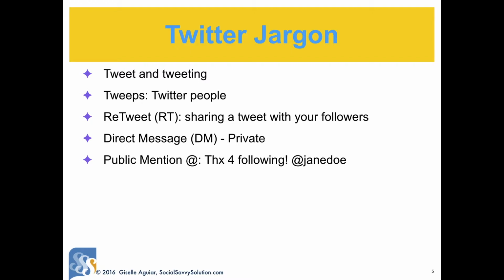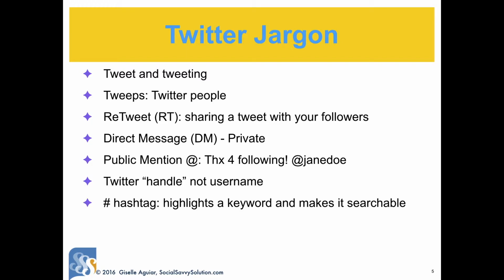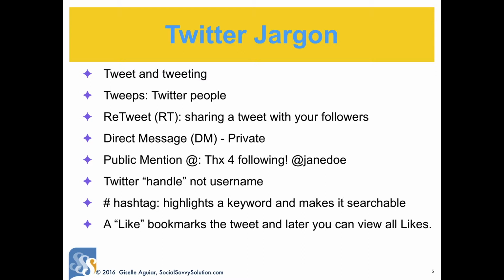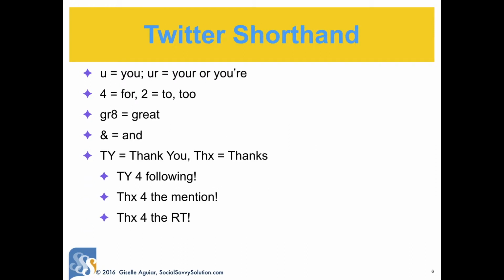A public mention is putting the @ sign in front of somebody's Twitter handle, and they will be notified as soon as you share that post. It is a Twitter handle, not a username. Hashtags highlight keywords and make them searchable. I'll get into those in a little bit. A like bookmarks a tweet, and later you can view all your likes.